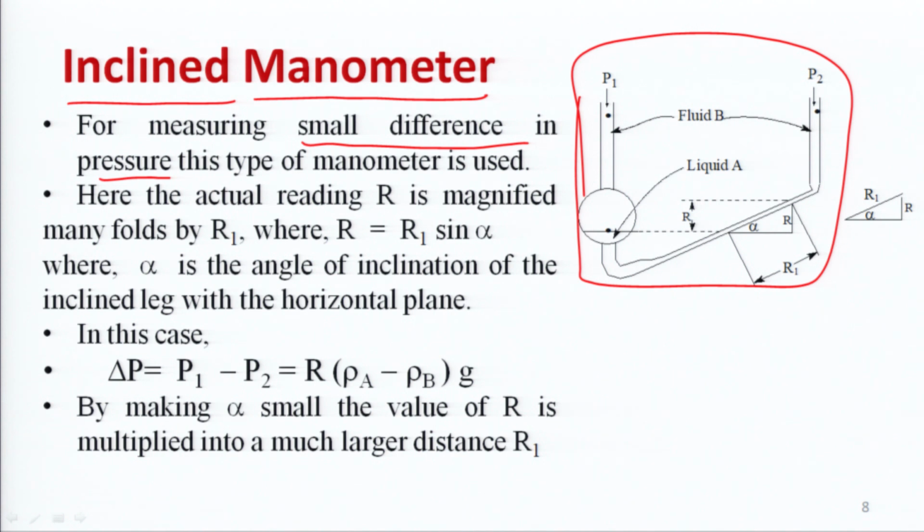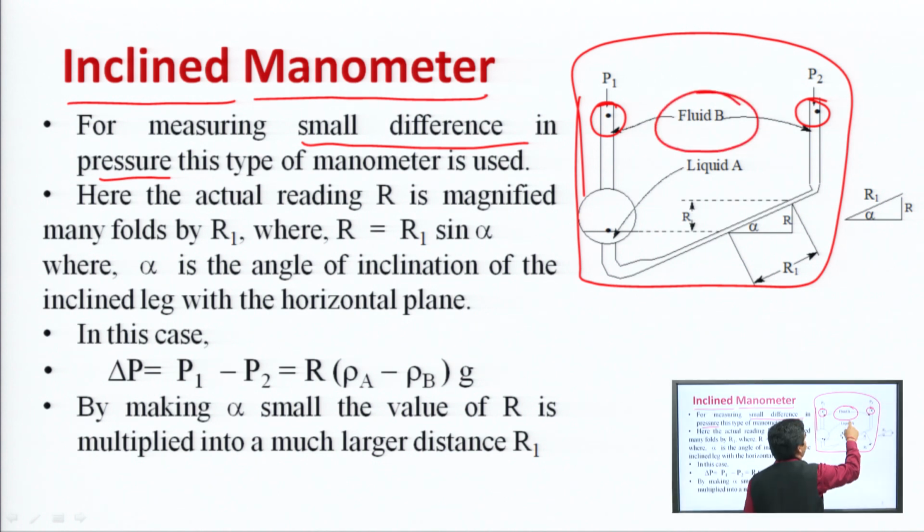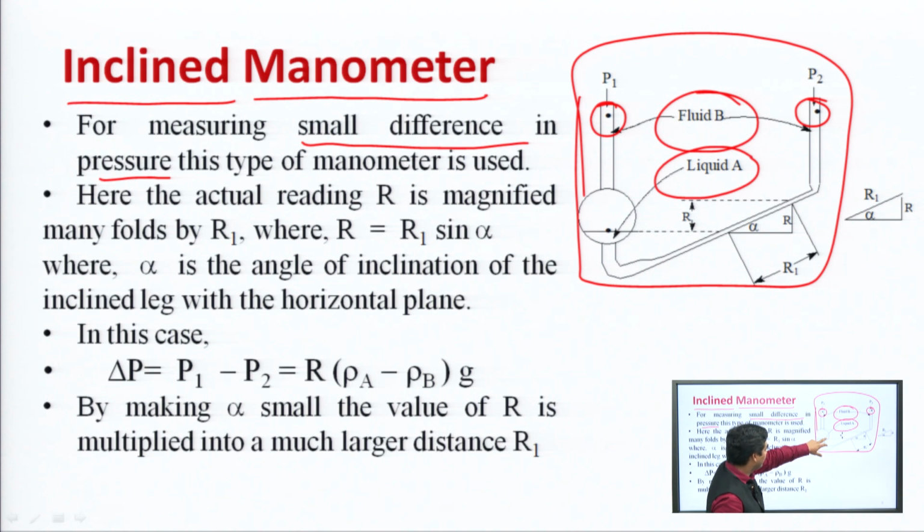So, at this point and this point, the pressure is P 1 and P 2 respectively due to fluid A, and liquid B is filled in this round chamber.